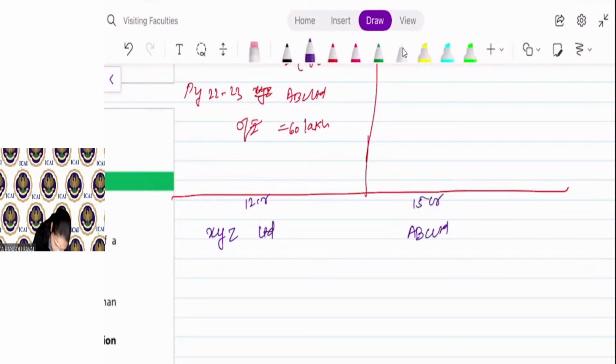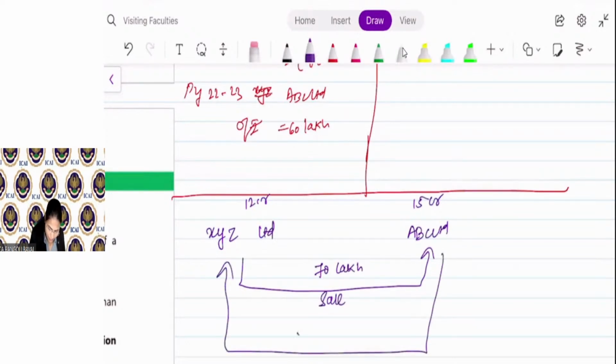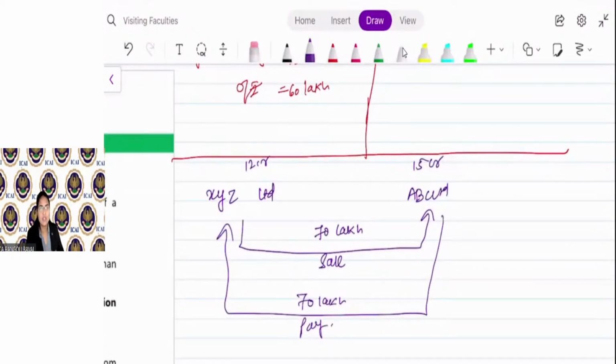In current year, XYZ Limited sold goods of rupees 70 lakh to ABC Limited, and ABC Limited pays the full amount of 70 lakh to XYZ Limited. Everyone clear my question? Yes, TCS is over and above the receipt.